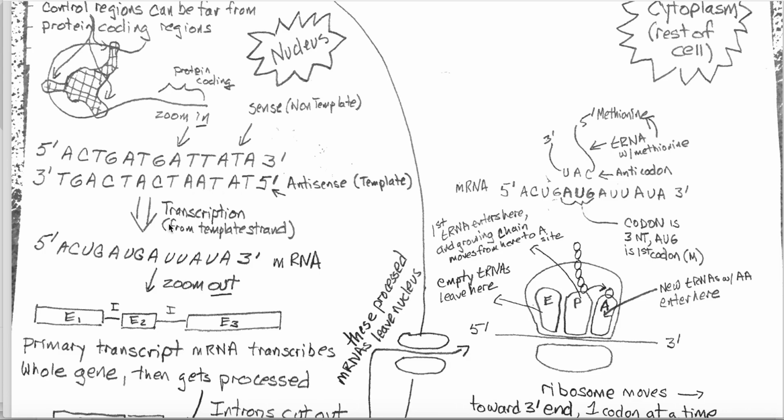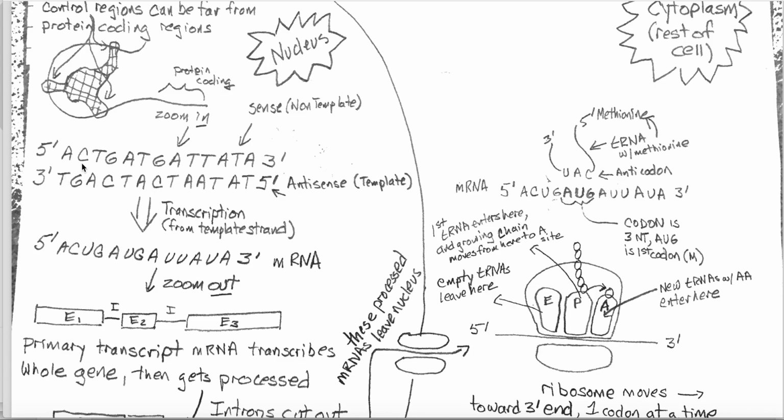So the mRNA that is produced from this is going to be in the sense direction, and that essentially means 5' to 3' left to right, like you're going to read a sentence. 5' would be on the left-hand side, 3' on the right-hand side. That's how the ribosome is going to read it. And in order to make that, you have to read it from this bottom strand, which is going in the opposite direction.